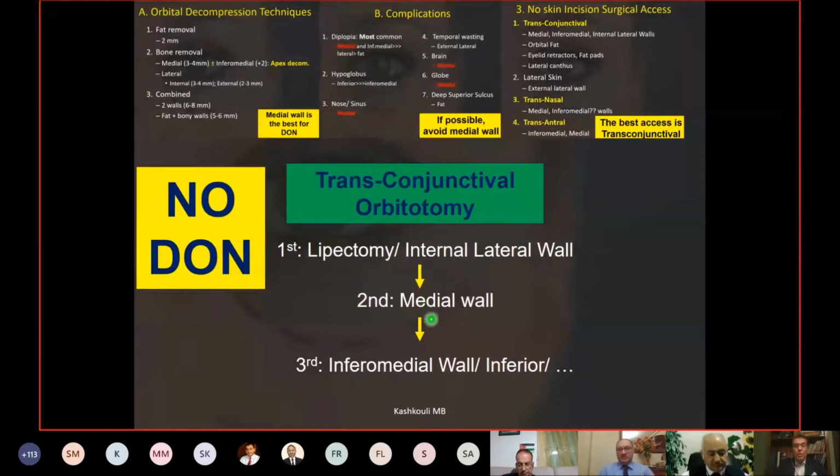Sometimes we go to the medial wall as well. That's why balanced decompression, as Samer mentioned, is a choice for cases with huge proptosis. Sometimes with just lateral, internal, and lipectomy, you can get 4 millimeters, sometimes 5 millimeters of proptosis reduction with no problem.